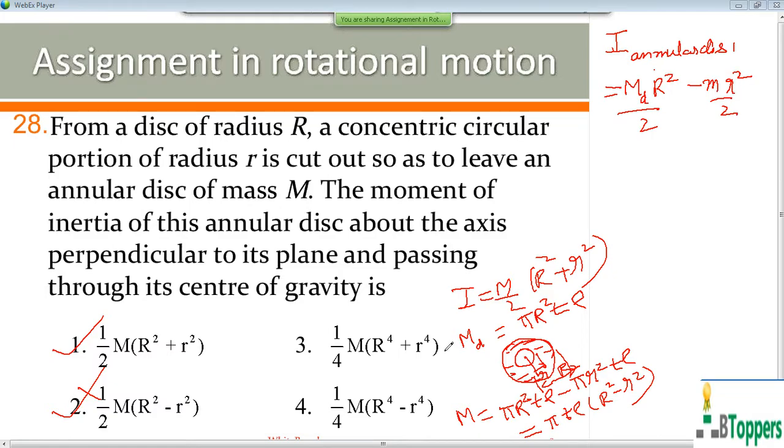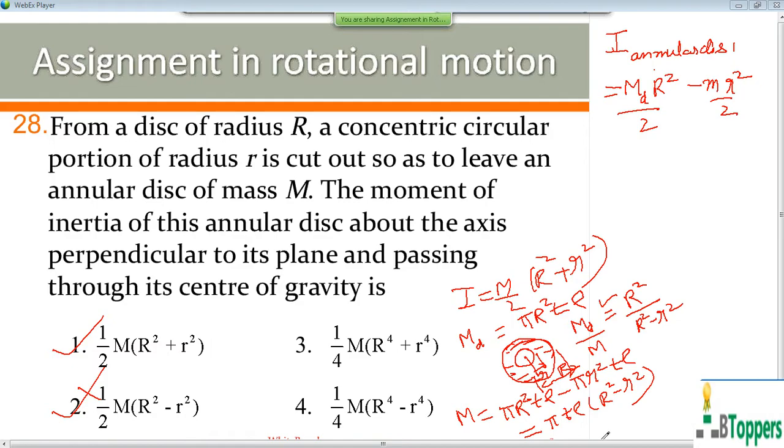So you can express M_D in terms of M from these two equations. If you divide M_D with M, you get capital R square by capital R square minus small r square.